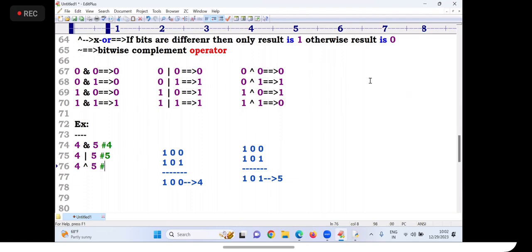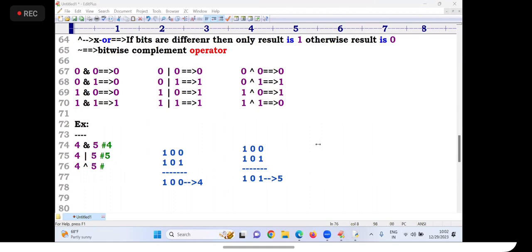Now, the XOR symbol, that last one, check that and tell the answer. What is the output? 1 only.